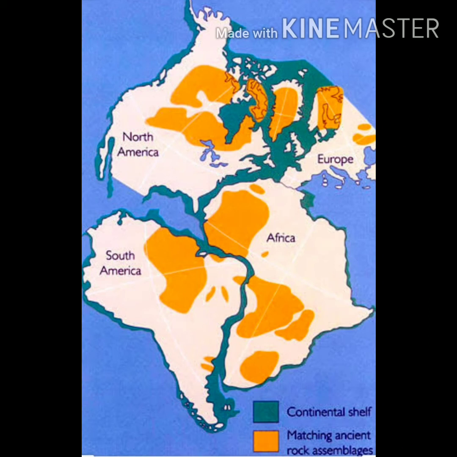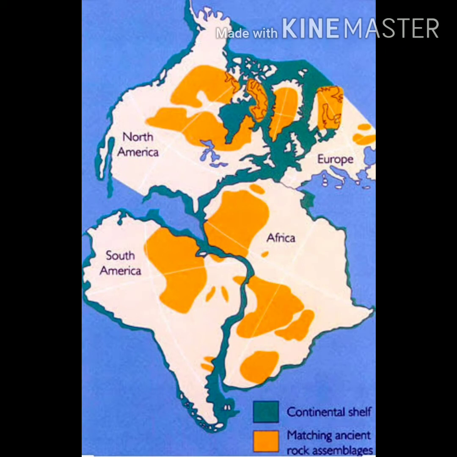Wegener's theory was based not only upon the shape of continents but also on geological and biological evidence. Geology is the study of earth's structure and biology is the study of all life and living matter.